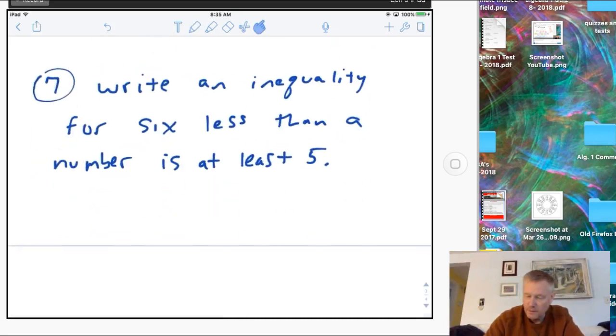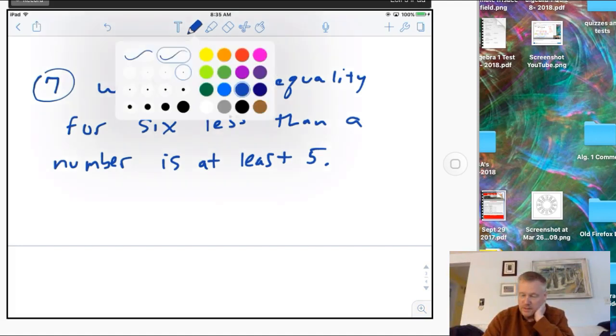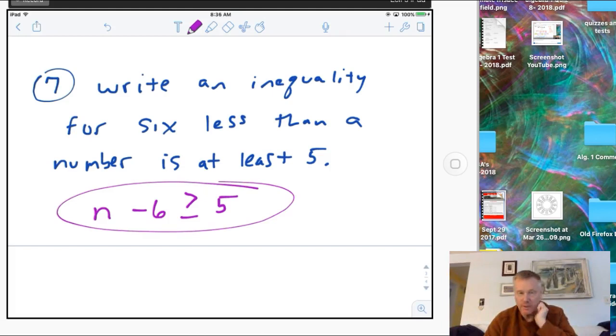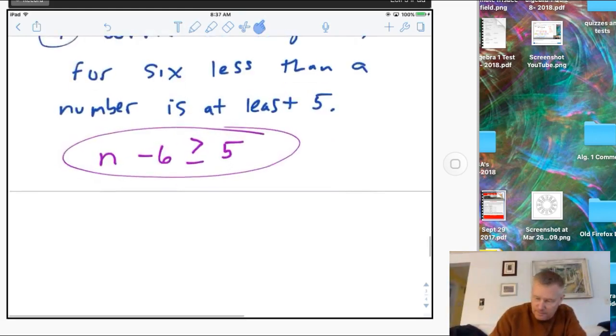All right, so this one, you're going to write the inequality, right? 6 less than, that's where you subtract 6 from something. We'll say n is the number, okay? So n minus 6, that's for 6 less than a number, is at least 5. So at least means it could be greater than or it could be equal to it. So I believe that is what we got there. So there's that answer.